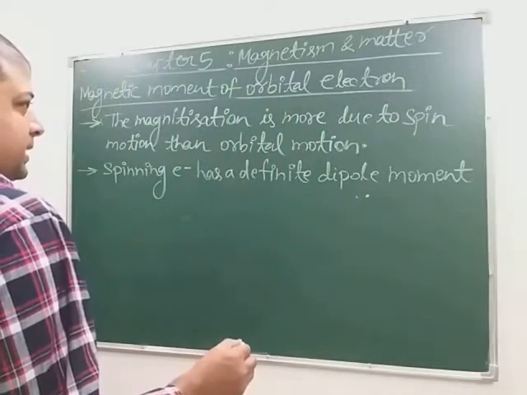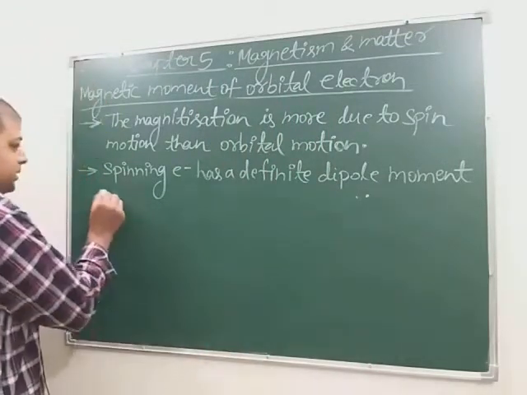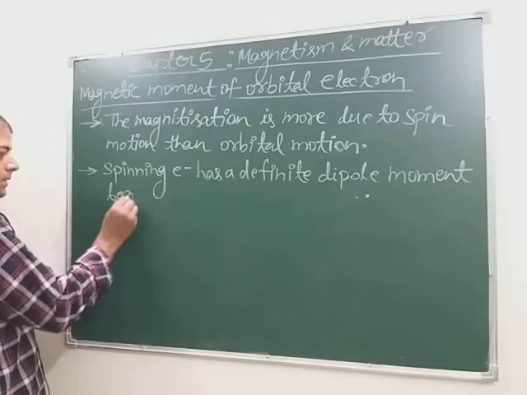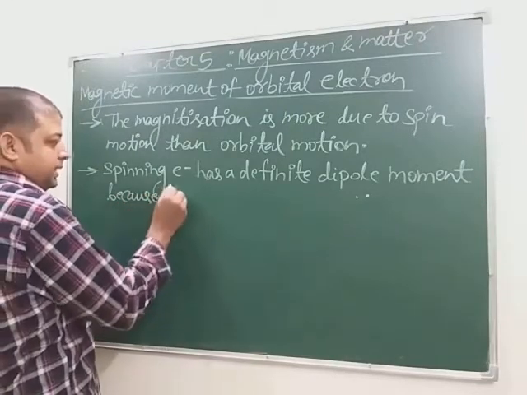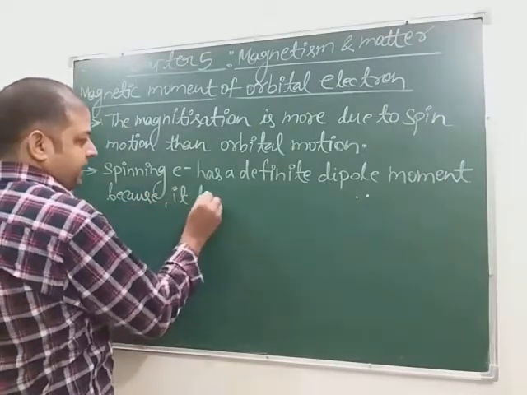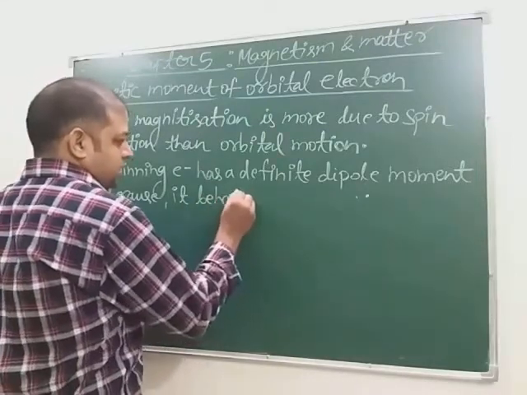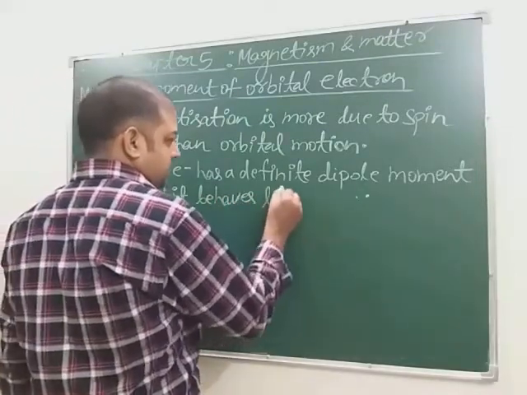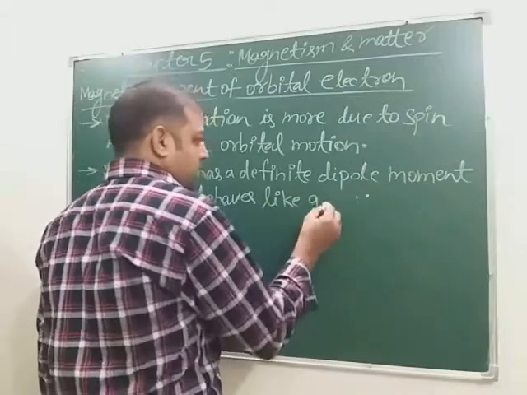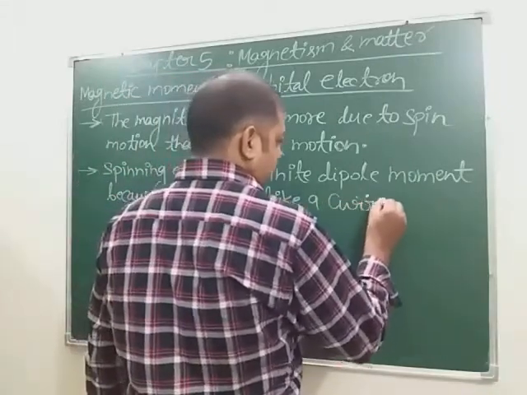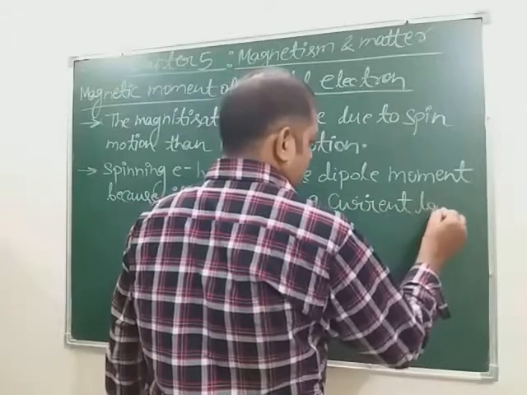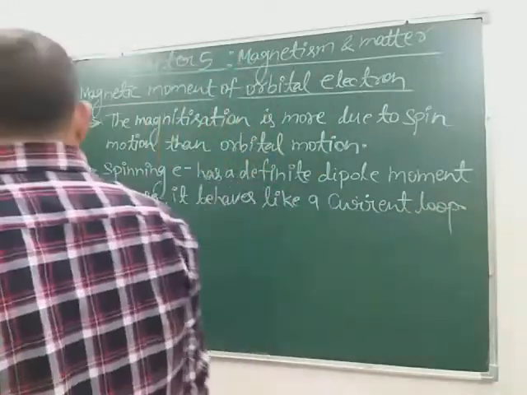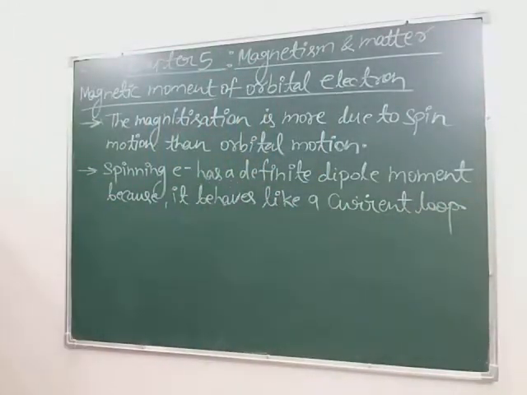Spinning electron has a definite dipole moment because it behaves like a current loop. So both points are very important. The rotating or spinning electron behaves like a current loop which has a definite dipole moment.